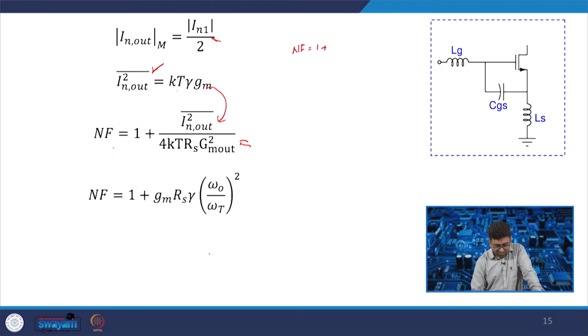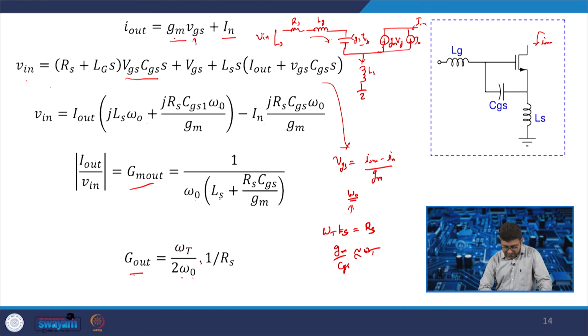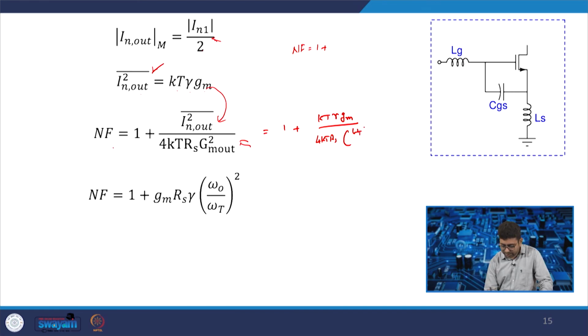So if you consider the G out square and write it down, 1 plus kT gamma Gm divided by 4 kT Rs into omega t square by 4 omega naught square into 1 by Rs square.